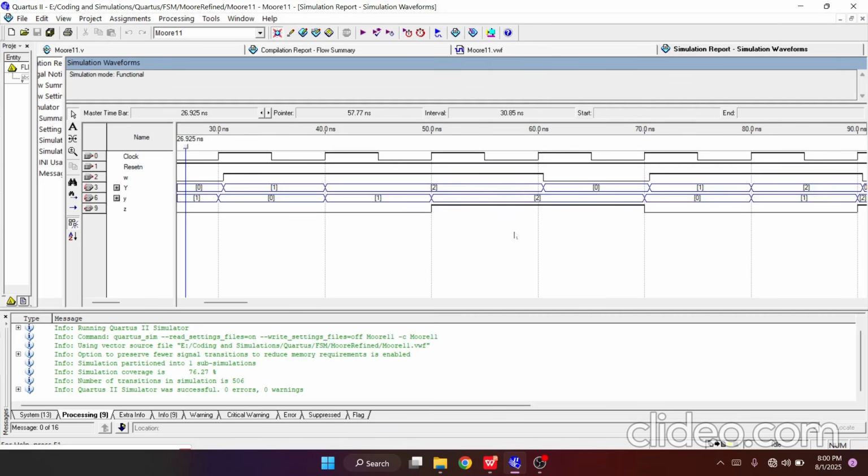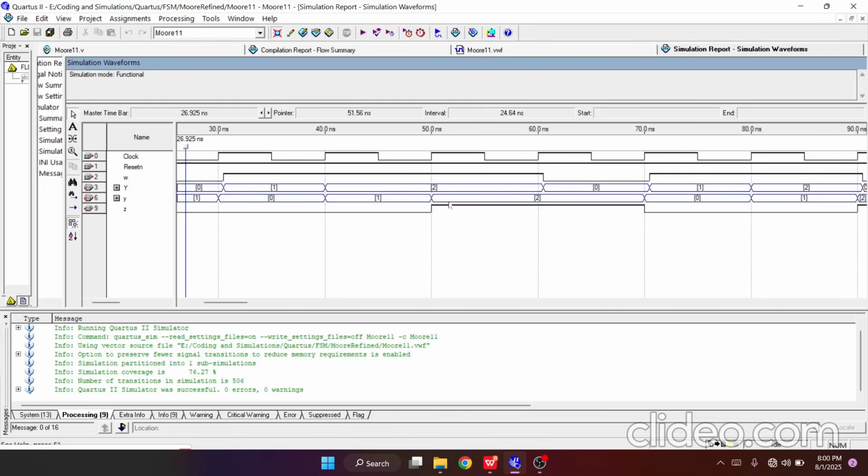From the concept that you have learned in theory, for Moore type the output gets high in the next clock cycle. So in this clock cycle it was high, this clock cycle also it's high.